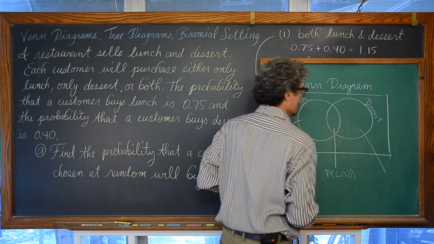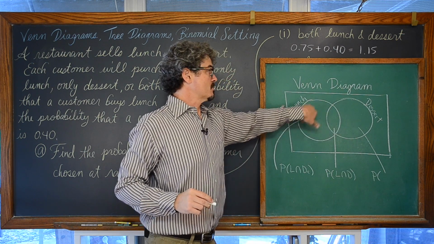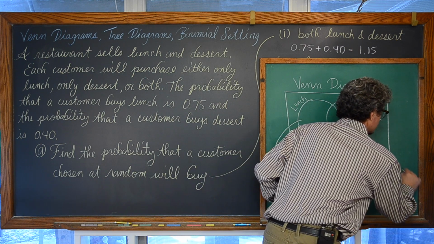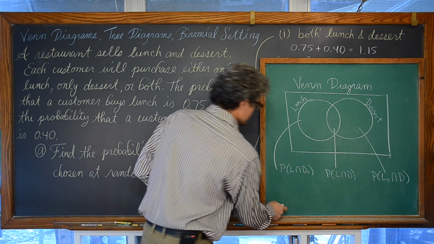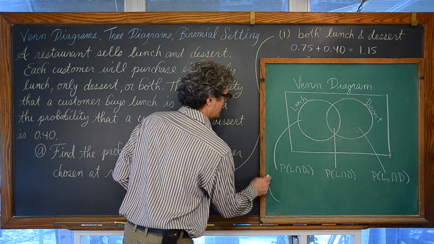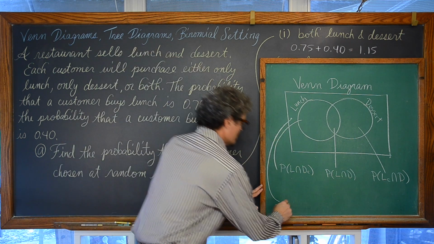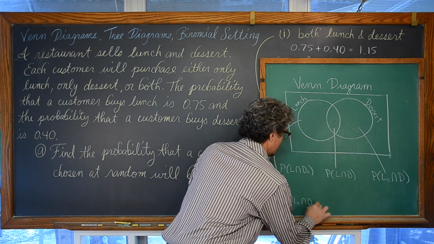You have a third part here, which is your probability of buying dessert but not lunch, the probability of not lunch and dessert. And then that last area, inside the rectangle but not within the circles, is your probability of not buying lunch and not buying dessert.